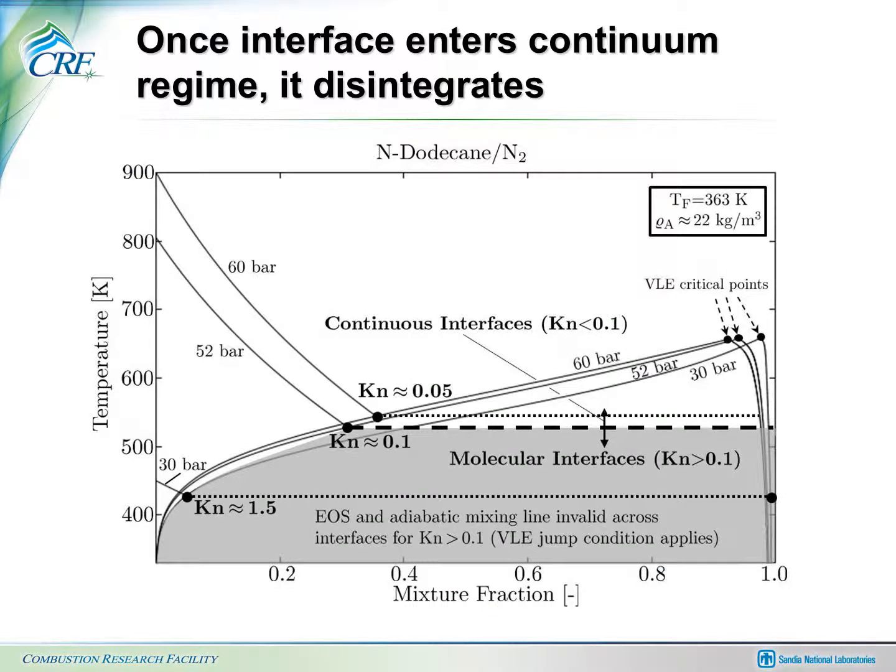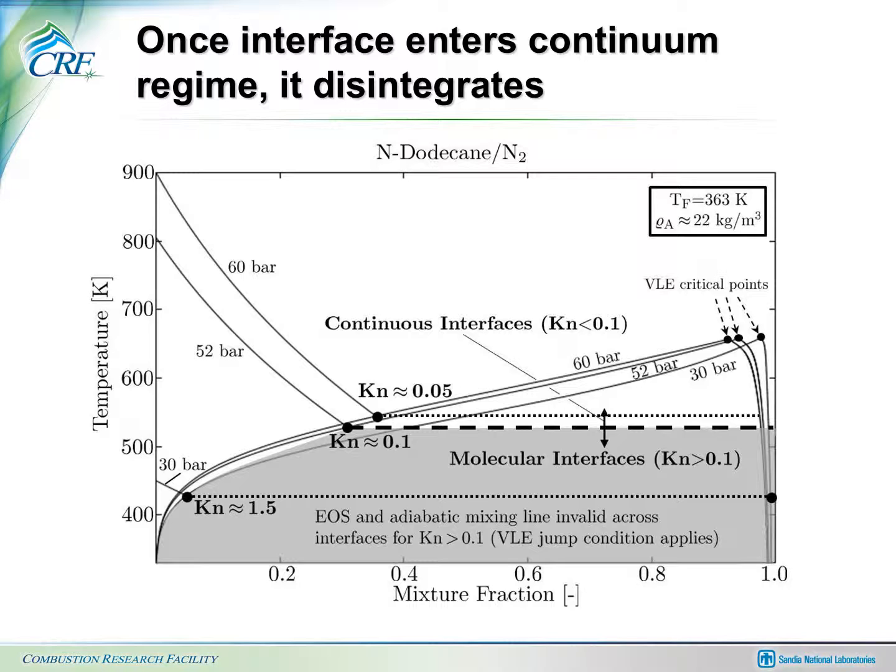Now there's one more catch to that, and this requires some further work on our part; we're looking into these things now. Once the interface thickens to a certain point, as you go up in terms of these conditions, what I'm showing you now is a diagram that includes the estimated Knudsen number at these different conditions as we move up. The dotted line between the 60 bar and the 30 bar, at the 52 bar vapor-liquid equilibrium curve, shows you where the Knudsen number is 0.1, and that's just a rough estimate.